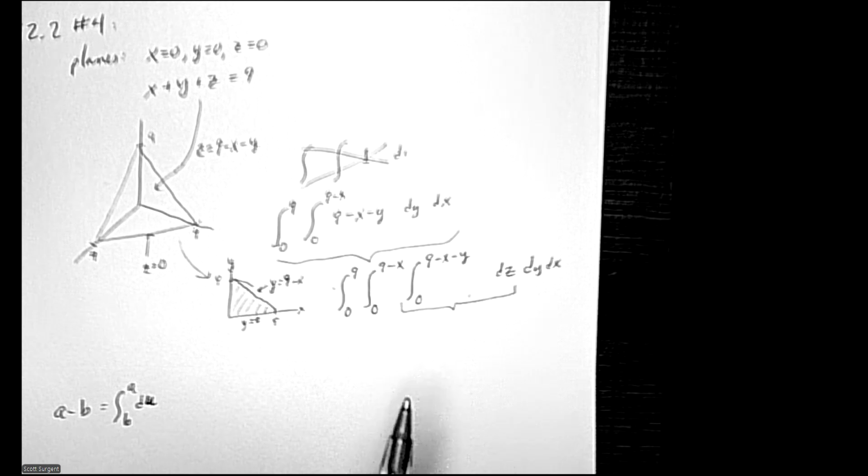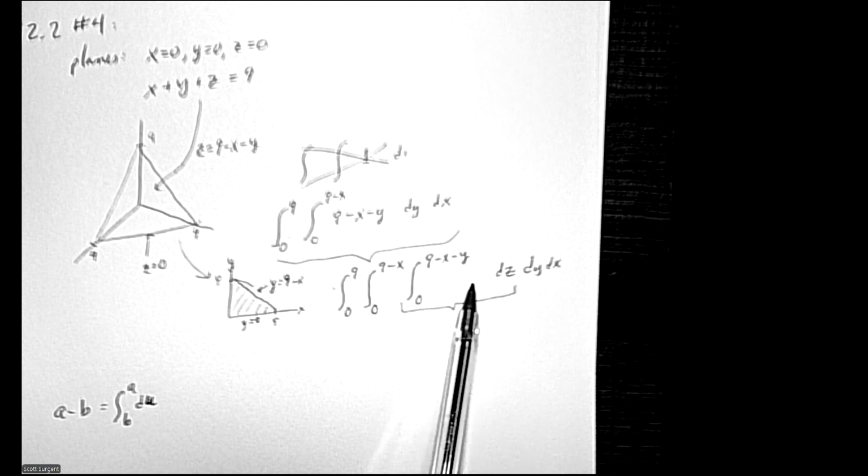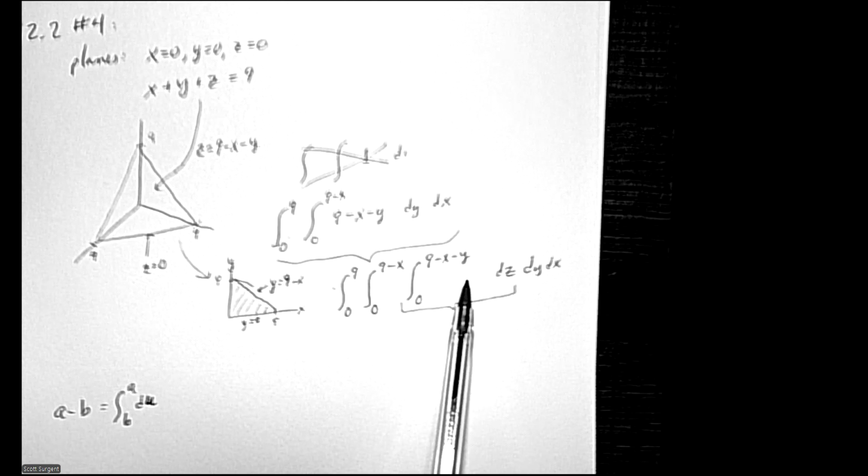This is a common trick in calculus, to go between R2 and R3. When I did that, I created a dz differential, and then my integrand is actually just a 1.